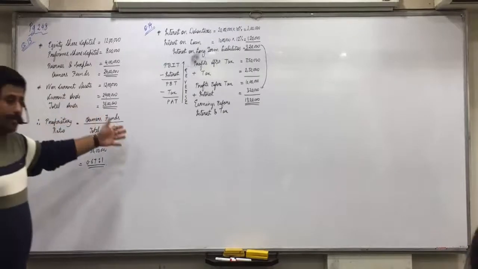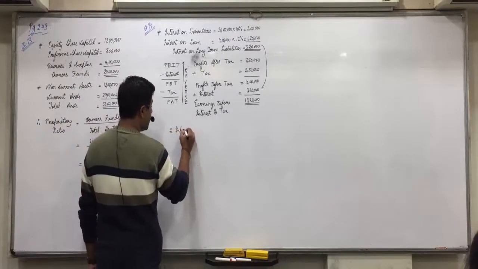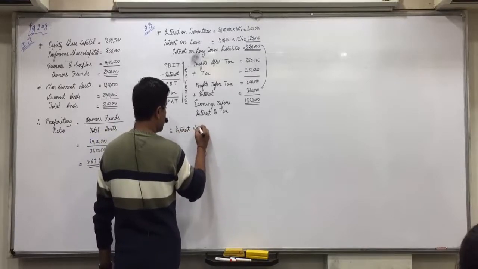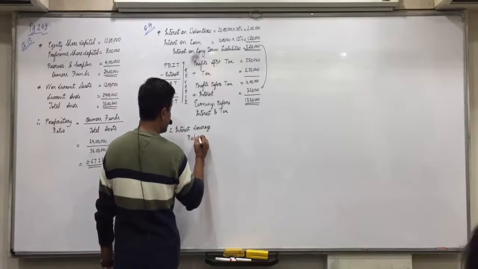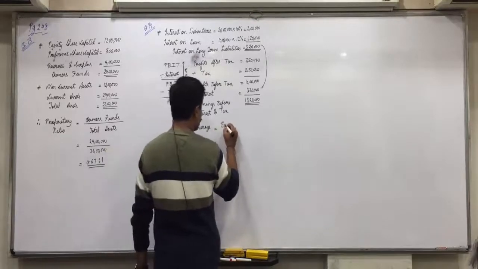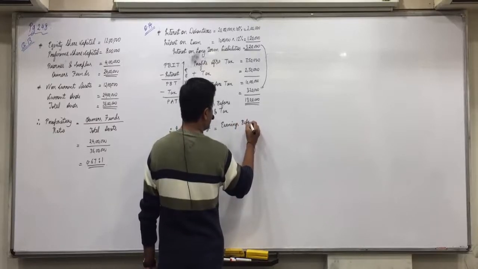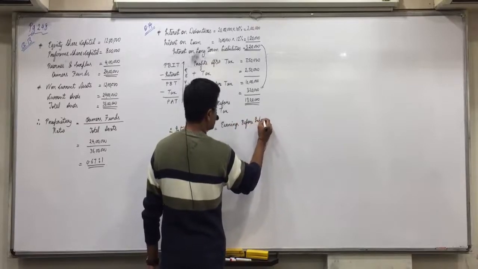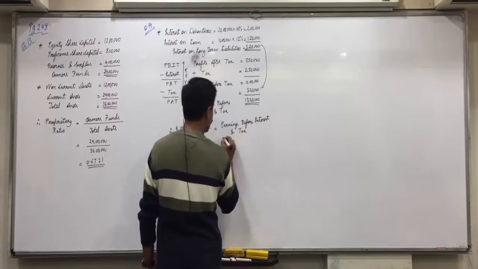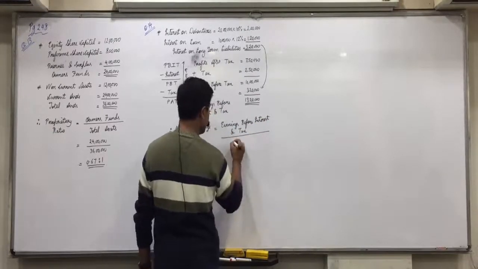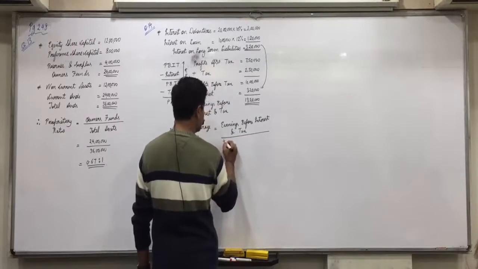Now we have to apply the formula. Therefore, interest coverage ratio is equal to earnings before interest and tax divided by interest on long-term liabilities.